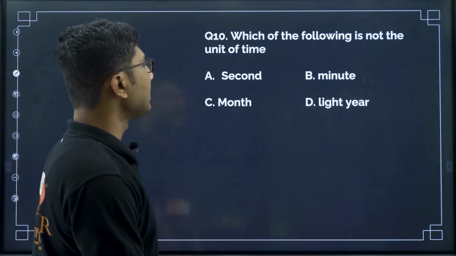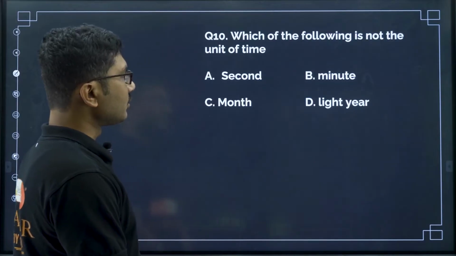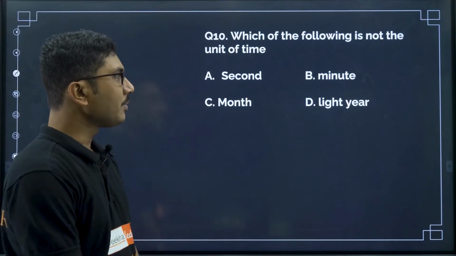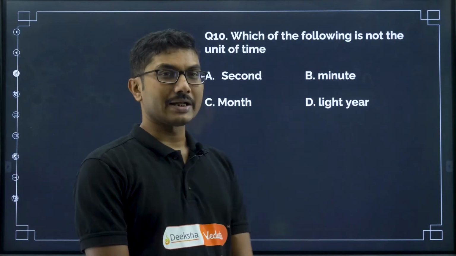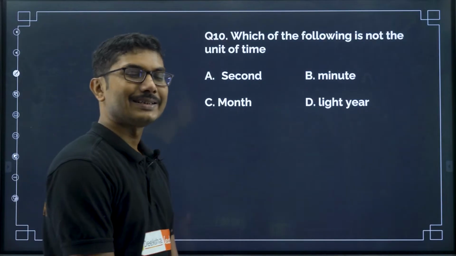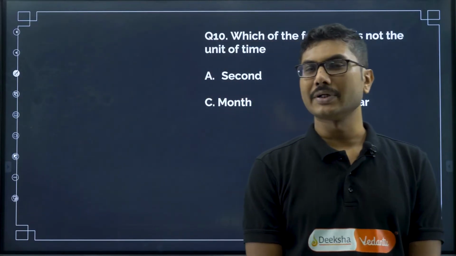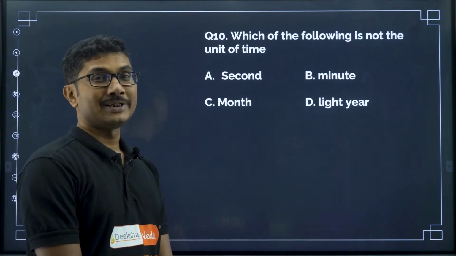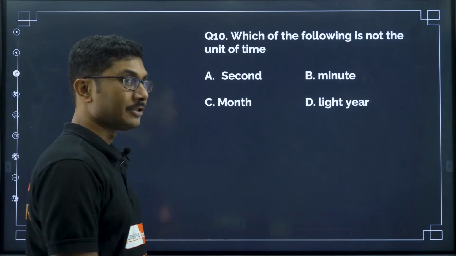Which of the following is not the unit of time? Very interesting question. Second is obviously the SI unit of time. Minute equals 60 seconds, also a unit of time. Month is 30 days, each day is 24 hours, each hour is 60 minutes and each minute is 60 seconds, so this is also a unit of time.